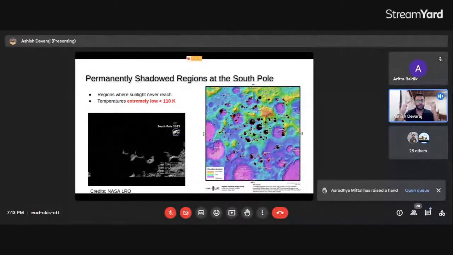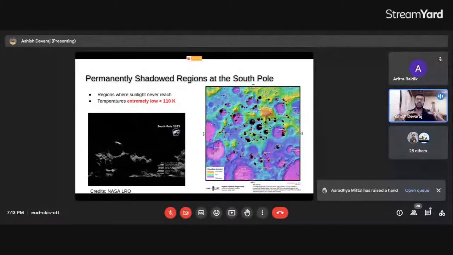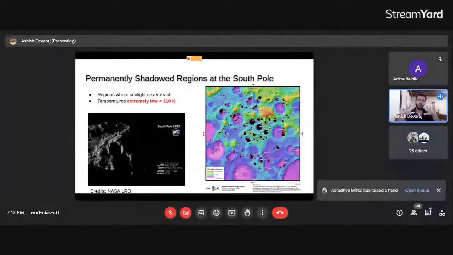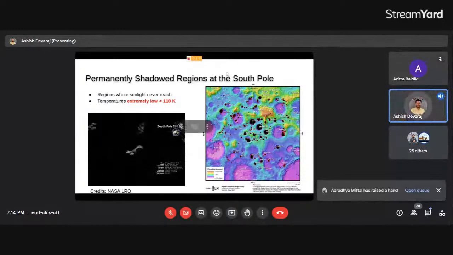You should imagine how cold it is. At 0 degrees Celsius, water freezes to ice. At minus 170 degrees Celsius it is too cold: the entire movement of water molecules gets frozen, and they are permanently trapped inside those shadowed regions. This is where the South Pole gets interesting, for the first point.